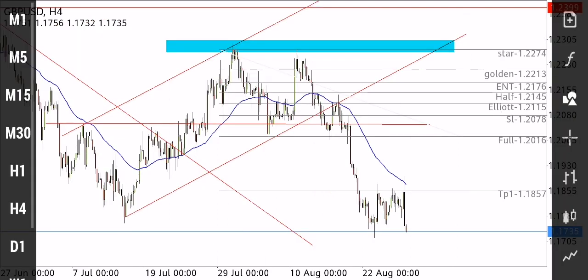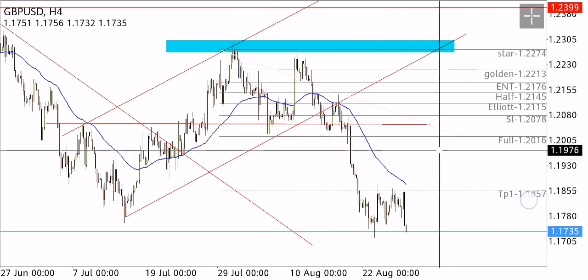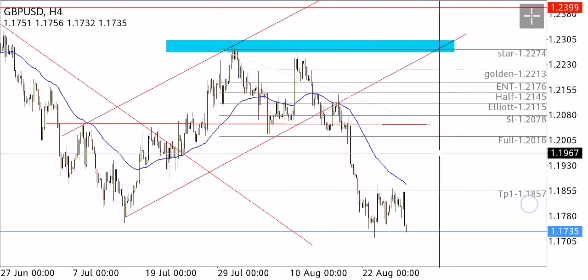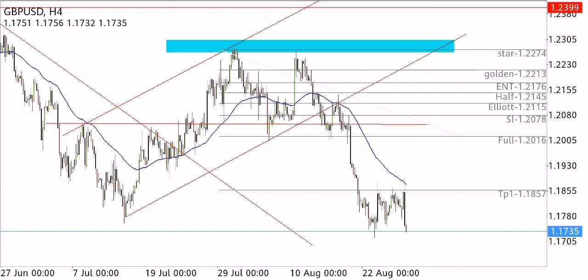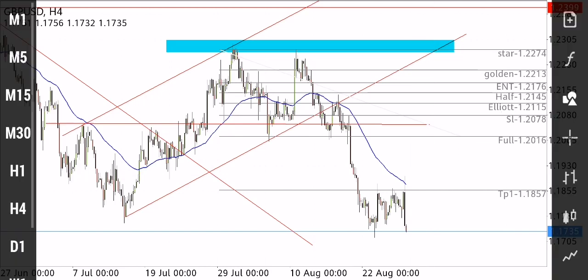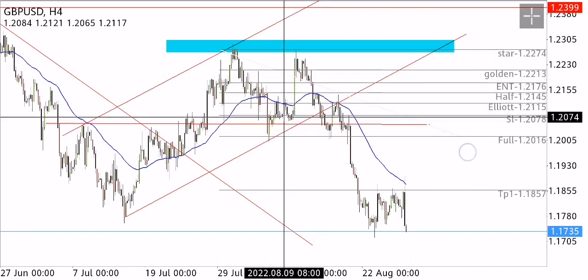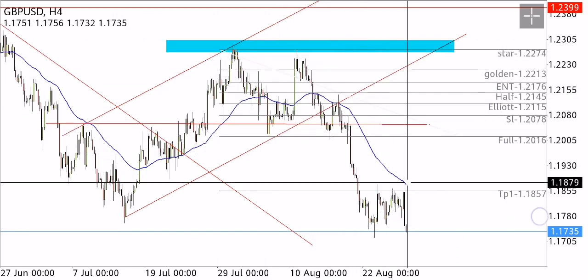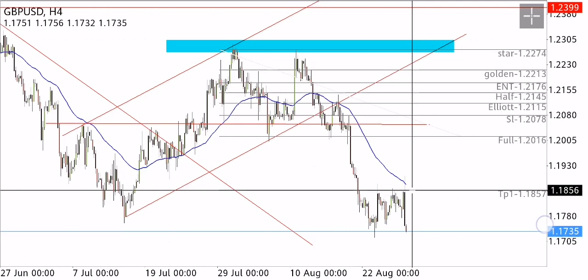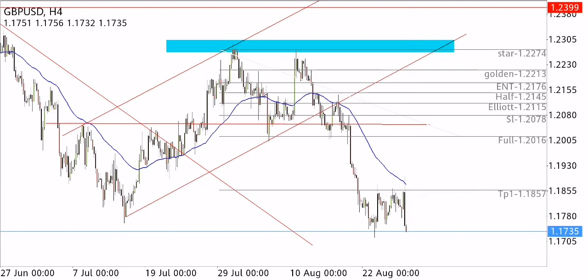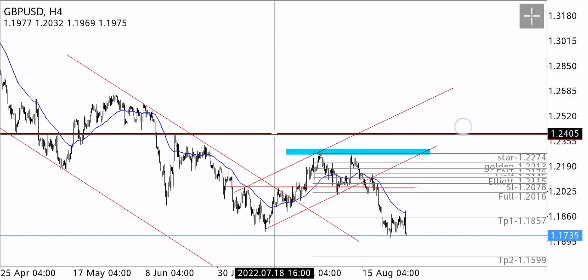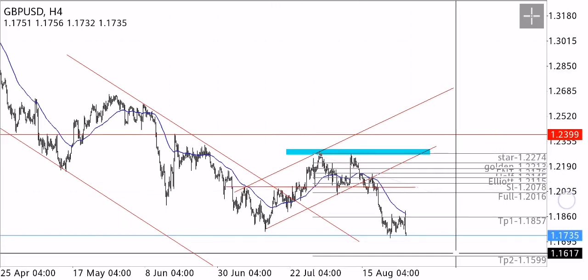Overall, unless the market is holding below the 1.1976 level, the major trend is bearish. According to the Fibonacci retracement, if you draw it on that double top pattern, your take profit limit one is 1.1857 and your next take profit limit is at 1.1600.